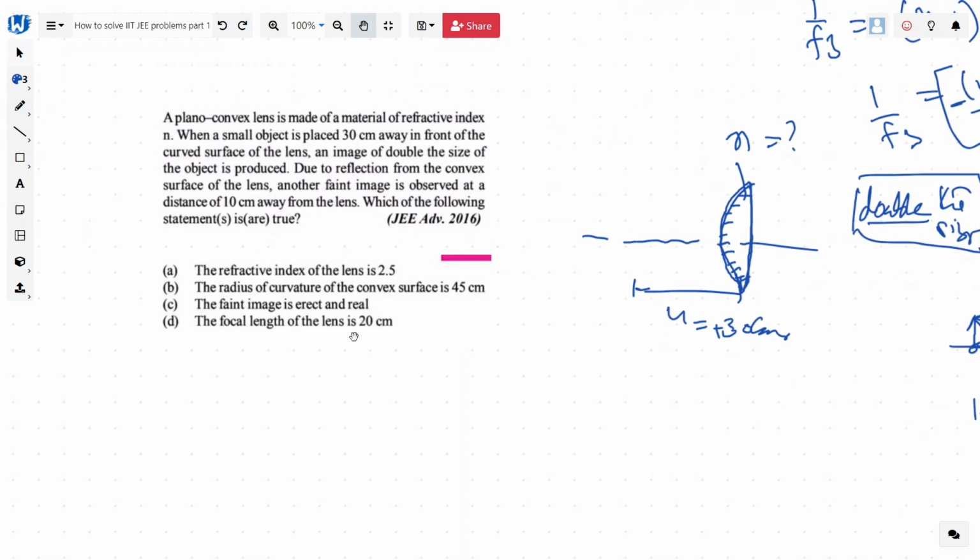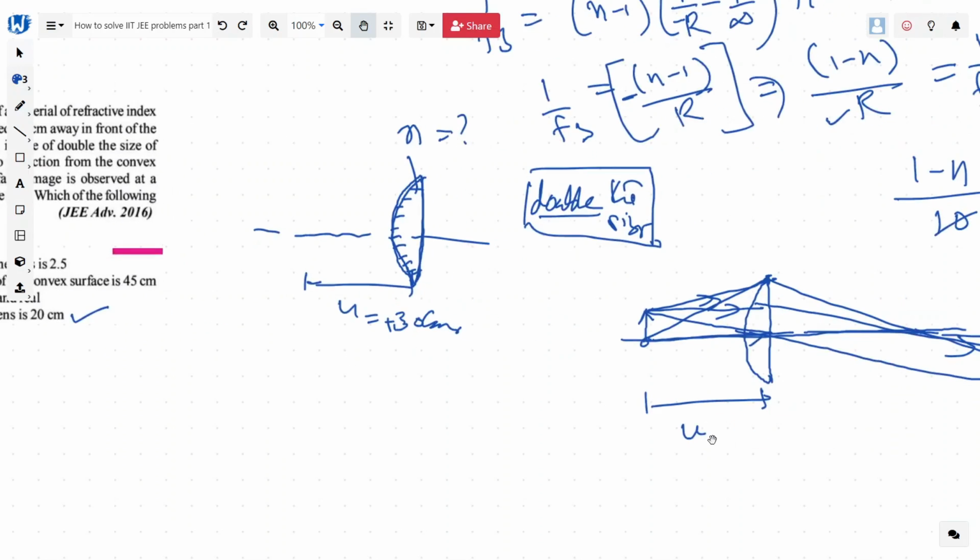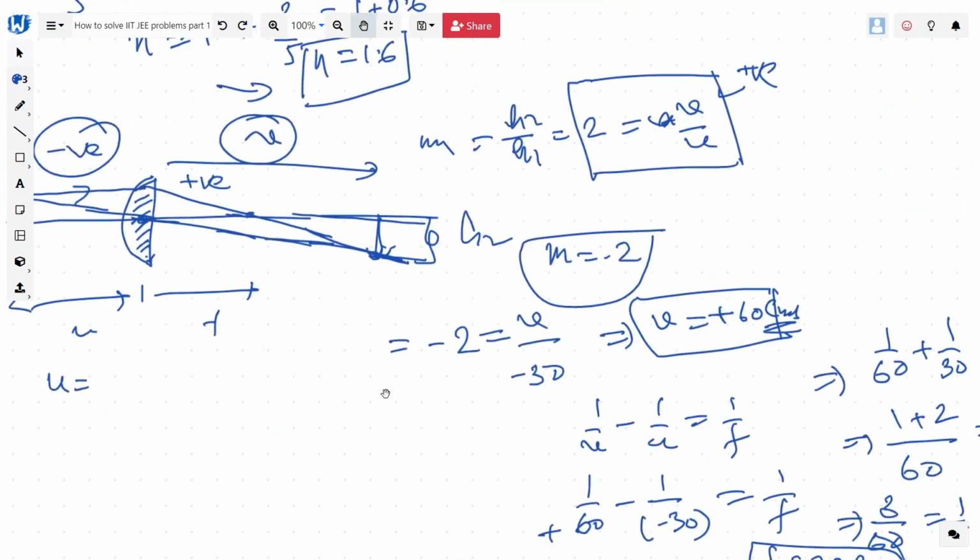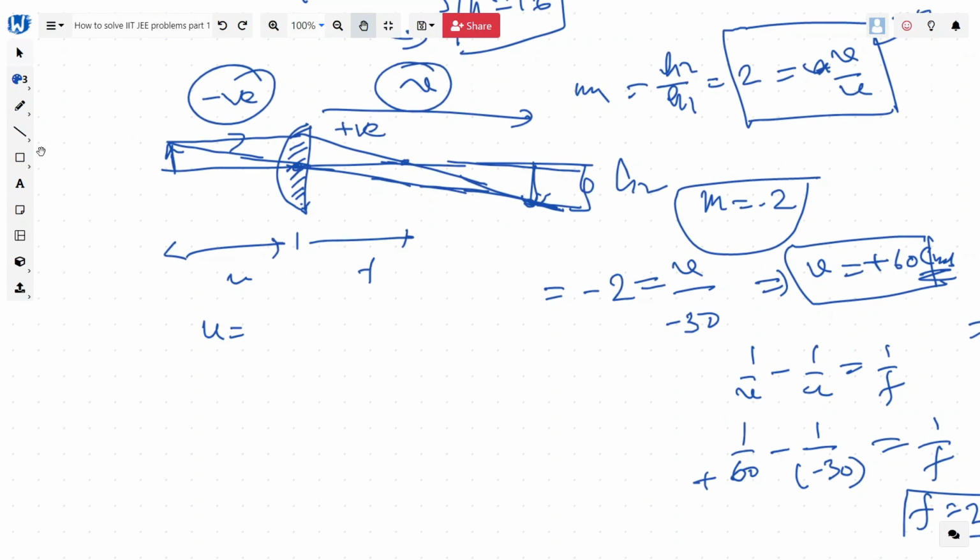Okay, now the F is 20 centimeters, and since the focal length of the lens is 20 centimeters, this is correct, right? Now can we find the refractive index of the lens? Yes, we can. We can simply use the lens maker formula because we now know the focal length, right? So 1 by F is going to be n minus 1, where n is the refractive index of the lens that we need to find out, times 1 by R for the first surface, assuming radius positive on this side.